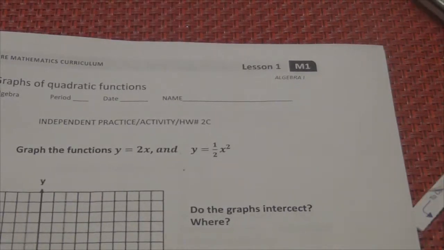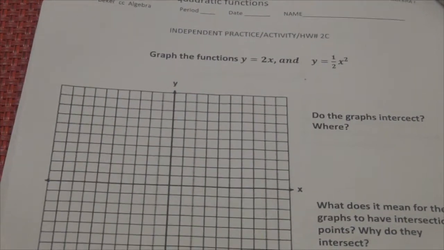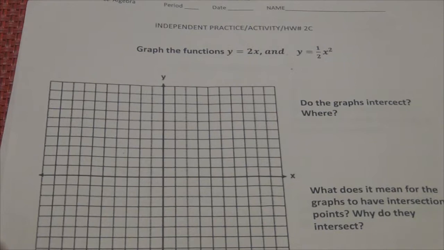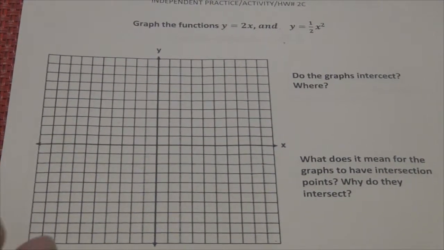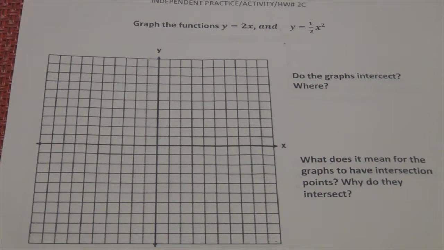Okay, that's it. This is the last graph. And guess what? You are not going to get any help from me. So I suggest you start working on it. If you want to create a table of values, good. If you have a calculator, you can just get the values from there. All right, good. So start working. Continue.